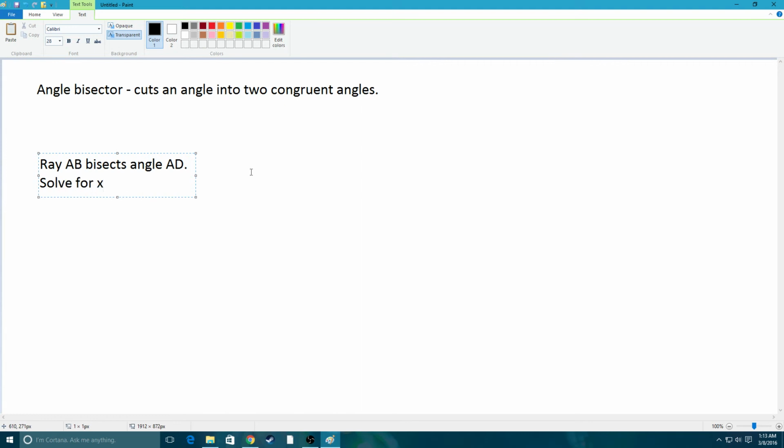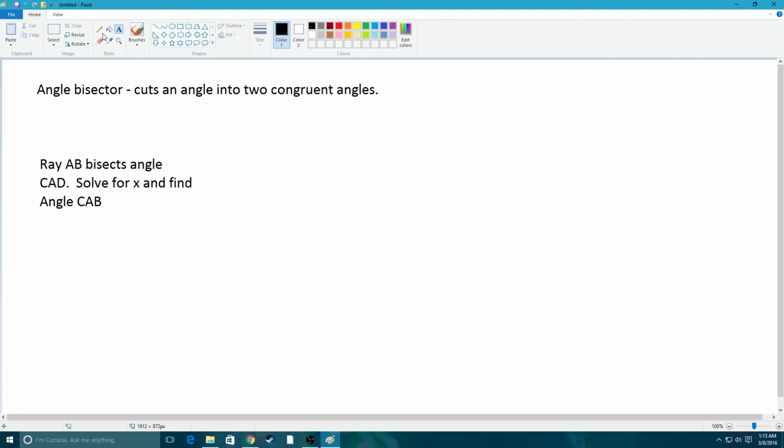Solve for x and find angle CAB. Alright, so first off, let's put an angle out there. Okay, beautiful. We're going to call this CAD.